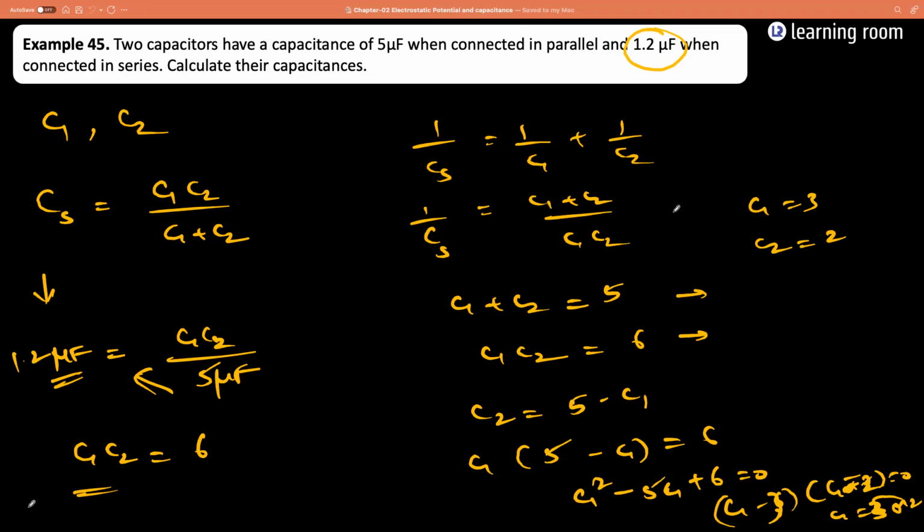Yes, sir, but while equating, we are not taking into account, right? See, our job is to find individual capacitances, right? Why would we be concerned about C1 C2? It is only a mathematical part. That is why I didn't write the units.